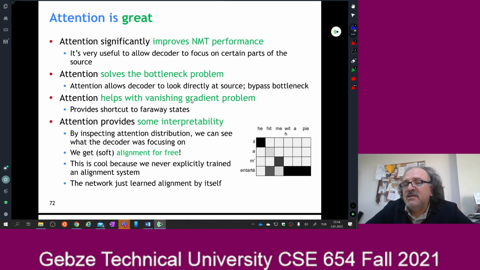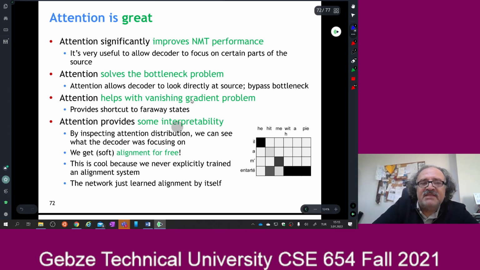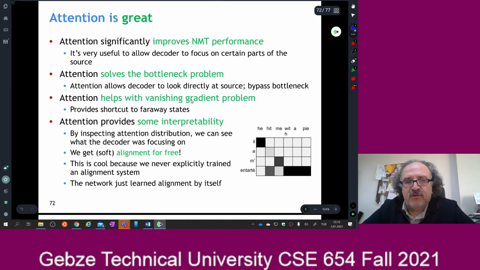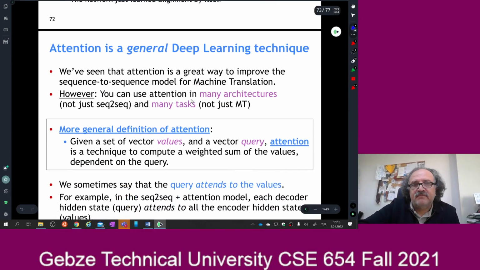Why? Because it is feeding that information directly to the beginning of the network. It provides some interpretability like this one, and we get the alignment for free, how much we are depending on it. The network learns the alignment by itself.